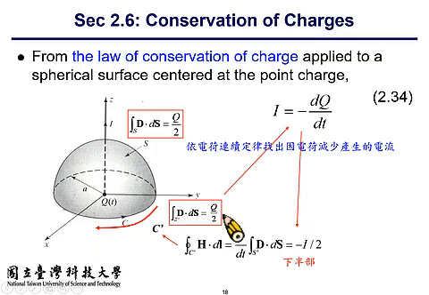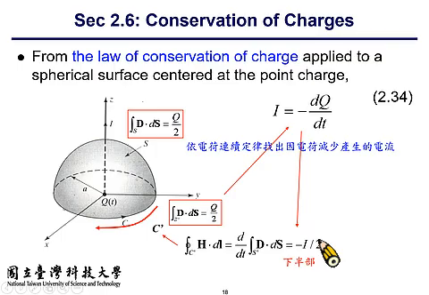And because the term equals Q over 2, by substituting equation 2.34 into this equation, you can replace it with minus I over 2, which means what?